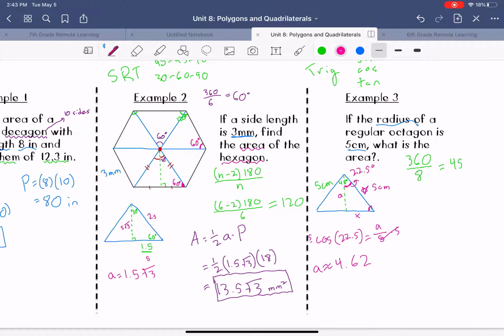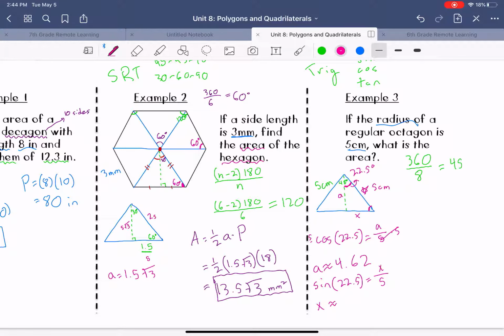We found A. Now we need to find x, or our opposite side. That's going to be sine, because x is opposite of our angle. So this will be very similar. Sine of 22.5 is equal to x over 5. X is the opposite side, 5 is the hypotenuse. I'll multiply both sides by 5 to solve for x.